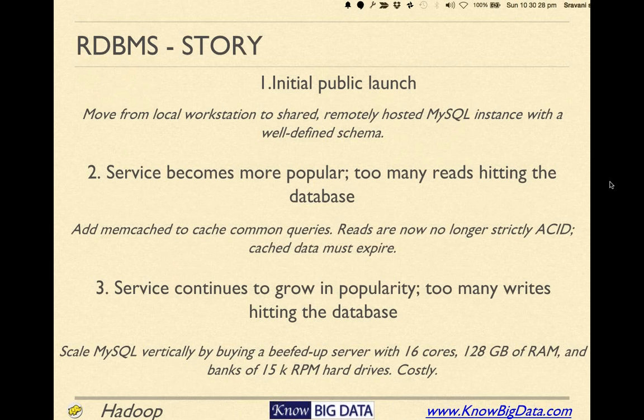And 15,000 RPM hard drives. What RPM do you generally use? You use around 5,000 RPM hard drives right now. This has changed as of today. Now you get a 32-core machine, really high-end servers having something like 200 or 300 GB RAM, and having SSD as well as the normal hard disk.